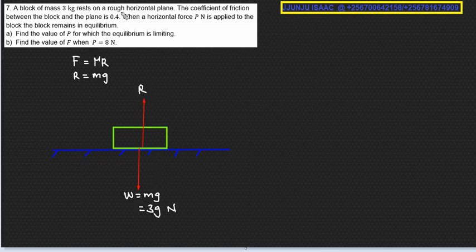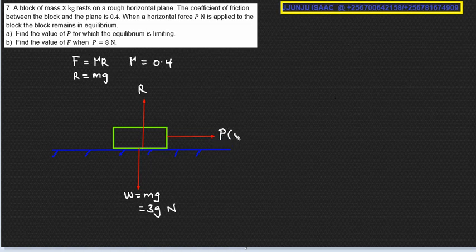Now here the two forces are balancing, so the normal reaction balances the weight. Alright, let us see. Now the coefficient of friction between the block and the plane is 0.4. Now we have a horizontal force P, which is applied to the block. Assuming that this force is in this direction, it tries to pull the particle.